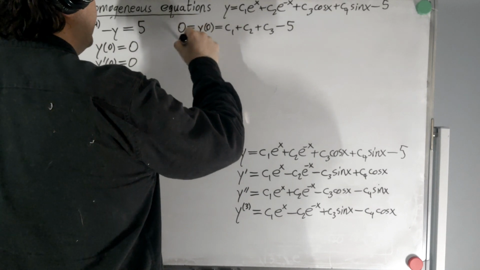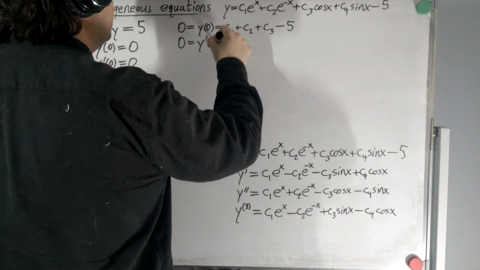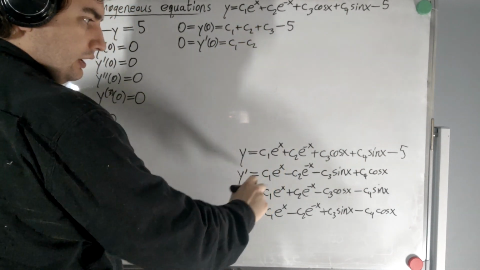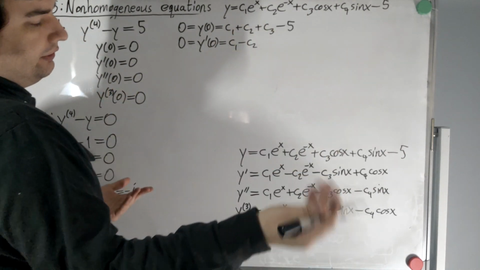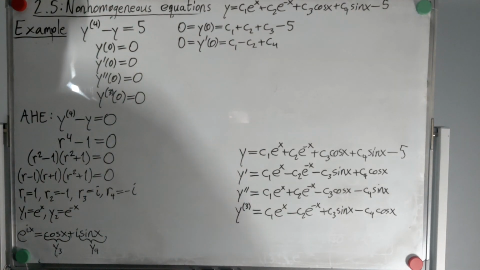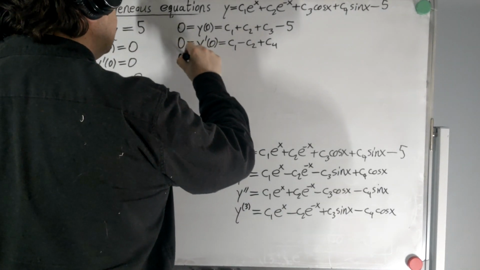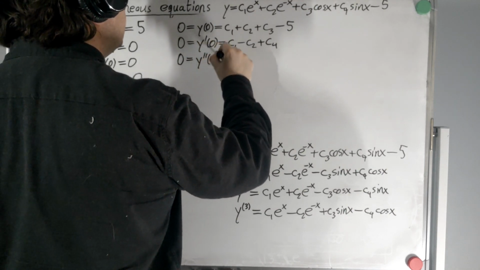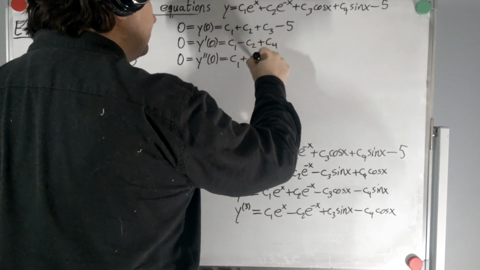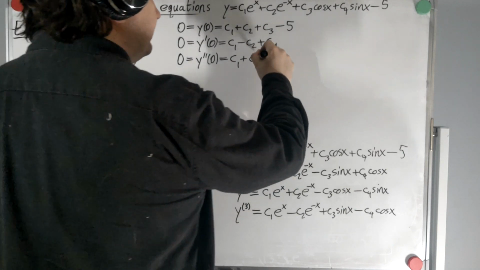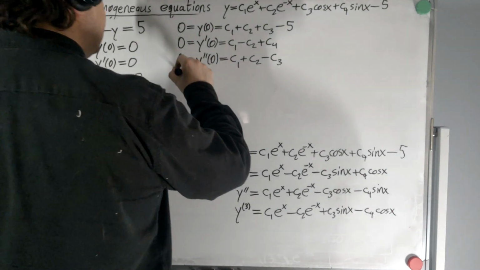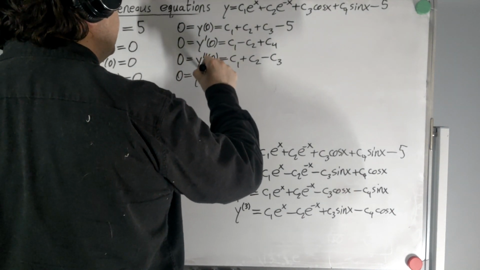Then we have 0 equals y prime of 0, which is going to be c1 minus c2 minus c3 sine of 0 is 0, plus c4. Then 0 needs to be y prime prime of 0, which is going to be c1 plus c2 minus c3, and 0 has to be the third derivative of 0.